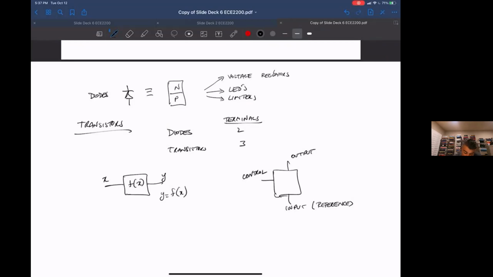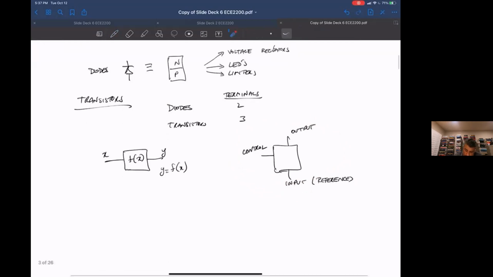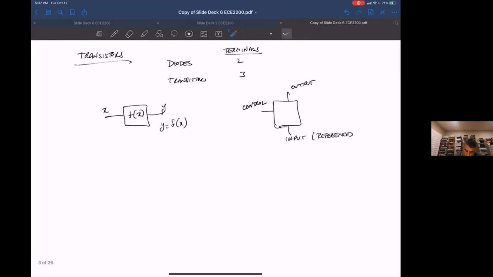I think the main thing is that there's three terminals, there's more flexibility, but one of the main things that you get out of a transistor, it's not the only thing, but it's one of the main things that they're known for, and we'll be focusing on quite a bit, is using them as a gain element. So that's the actual functionality of it. But when you have a circuit that gives you gain, you also call it an amplifier.